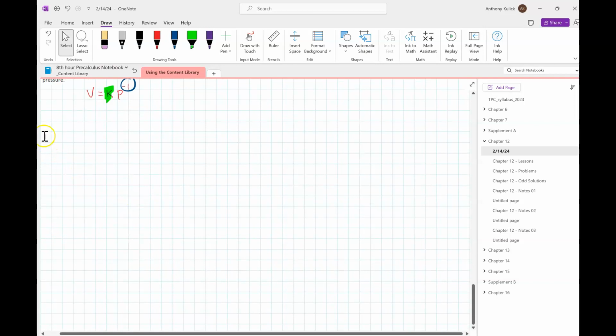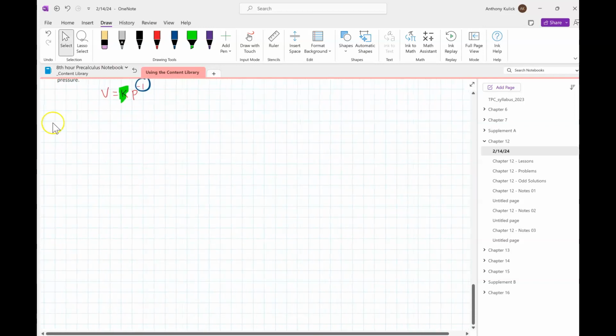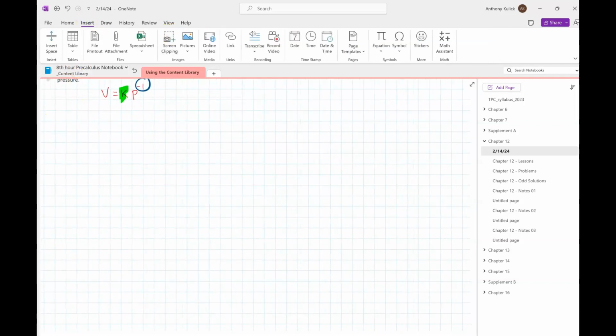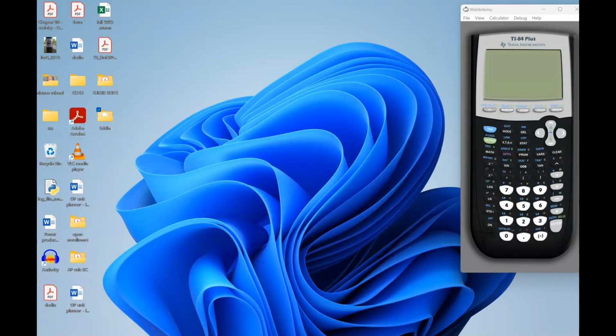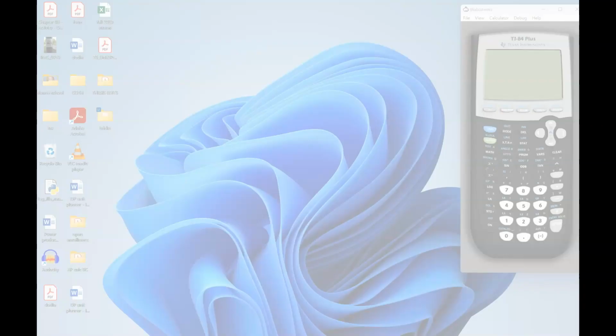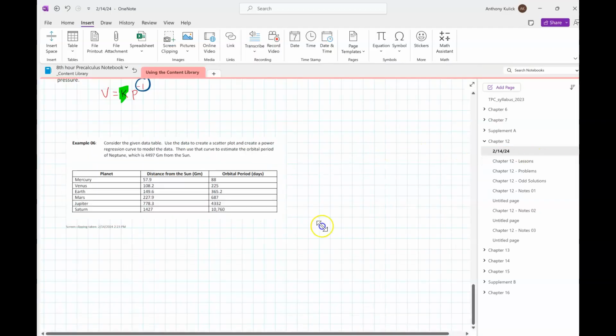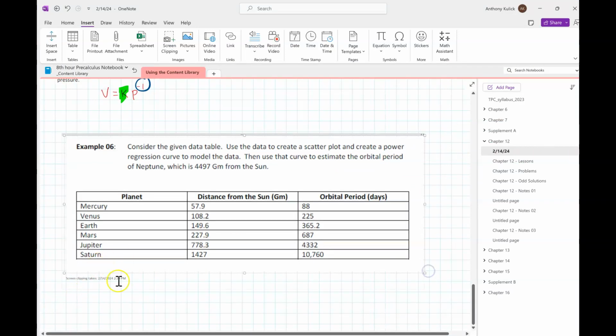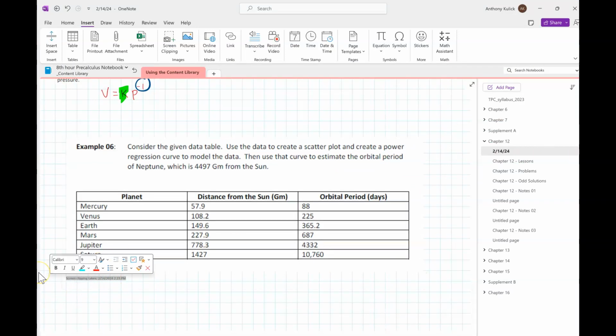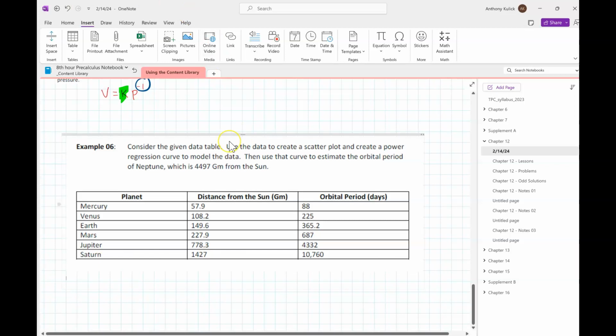Okay. Let's do another example of this process on our calculator, but instead of doing a LinReg, we'll be doing a different type of regression, but all the steps otherwise are basically the same. So it says, consider the given data table.